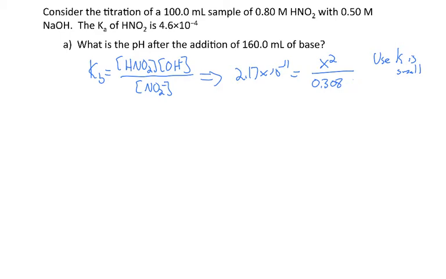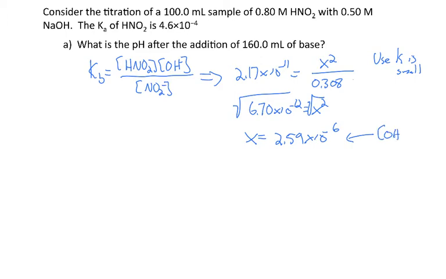All right, so I'll multiply both sides by 0.308. So I take the square root of both sides. So x comes out to be, all right, and so remember the x from our ice table is the hydroxide ion concentration.